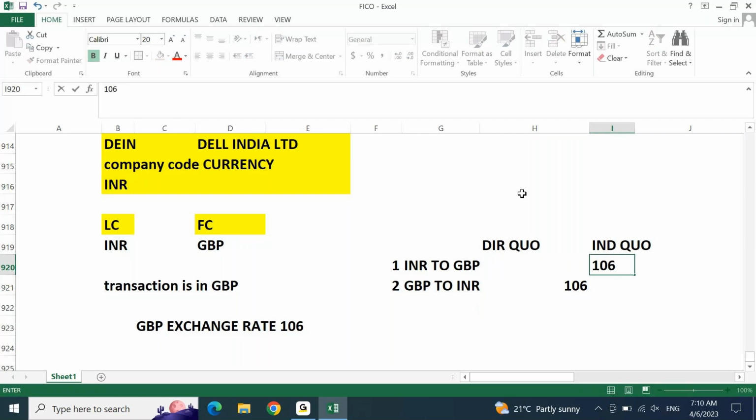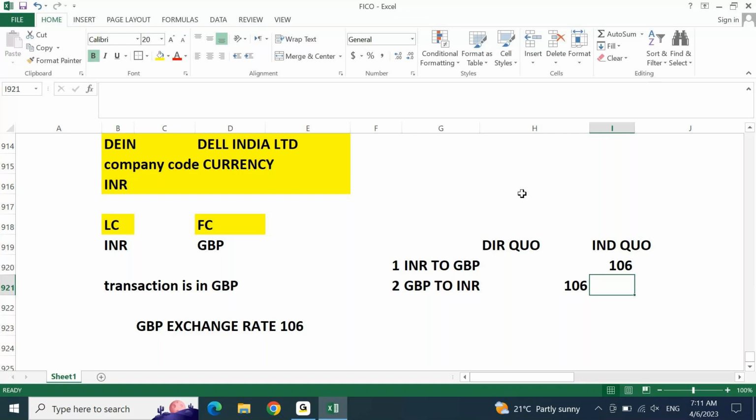Local currency to foreign currency is always indirect quotation. Along with calculation, you will be able to understand this in SAP, because in SAP I said you have one screen called exchange rate simulator. There your doubt will get clarified. We will not post any entry; we will update the exchange rate, reverse it and so on.